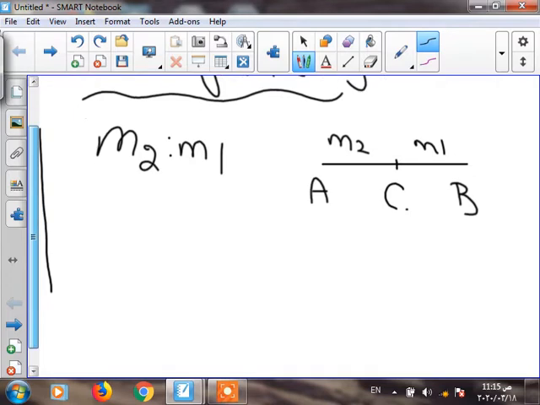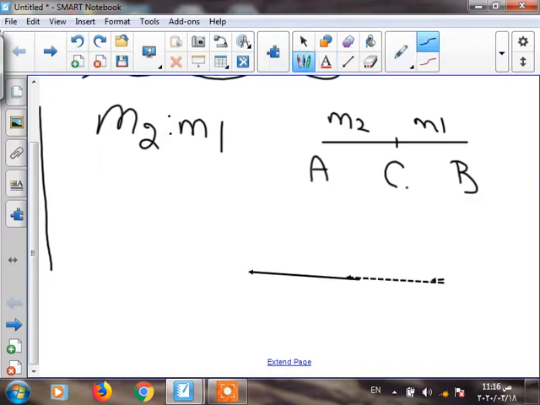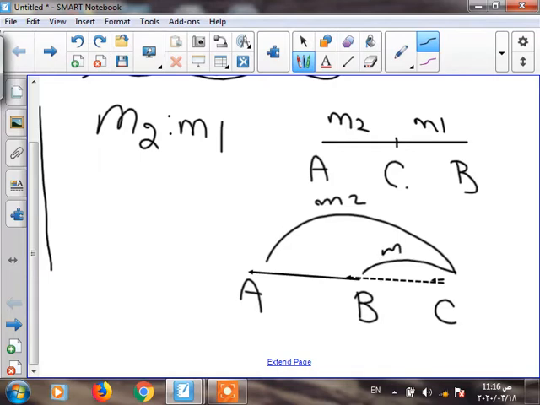And if you find AB just like that, with the point C outside, this is A and this is B, we can say that the point C divides AB externally in the ratio M2 to M1.